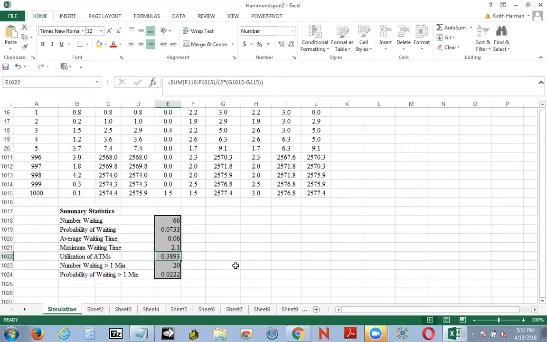And here we use the sum to calculate, this formula calculates for us the utilization of the ATMs and the number of those waiting more than a minute and the probability of that happening.